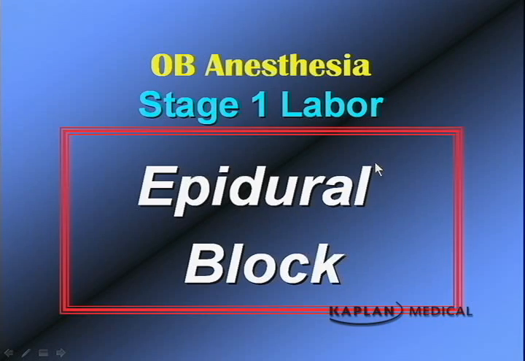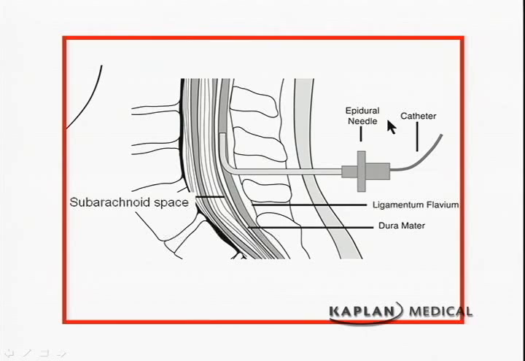The epidural block is sometimes known as the Lexus, the Cadillac, the BMW of OB anesthesia. What's nice about this is it can be started in stage 1, it can go all the way through to stage 2. You notice we go through the ligament here. Here is the dura mater. We do not go through the dura, we go epidural.